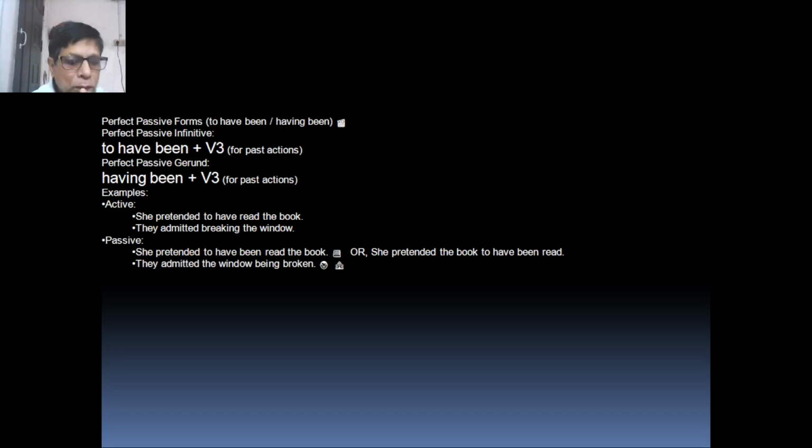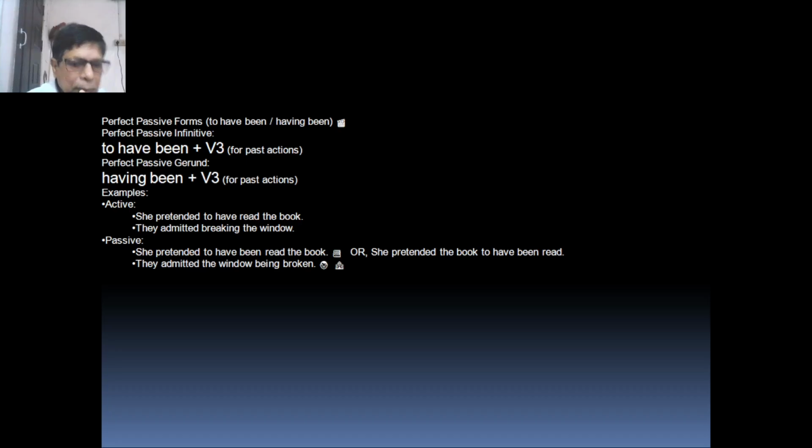Now passive of this form is been should be added. So she pretended to have been read the book. So here been has been added as the be verb form, or you can write she pretended the book to have been read. And the second example, they admitted breaking the window. This is actually simple gerundial active sentence.